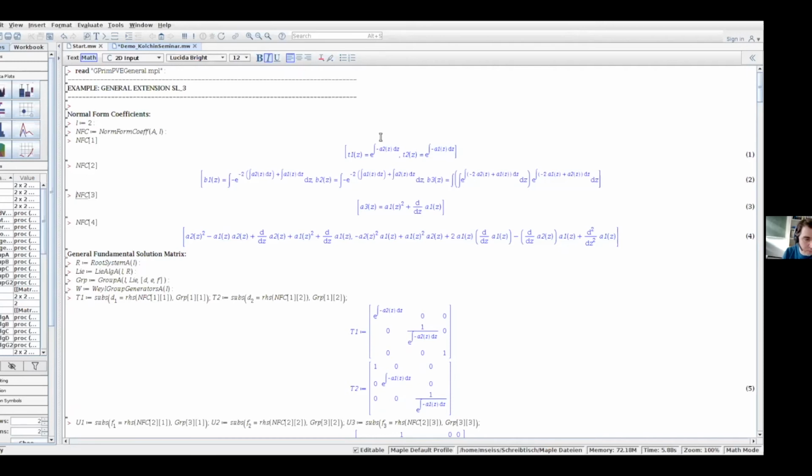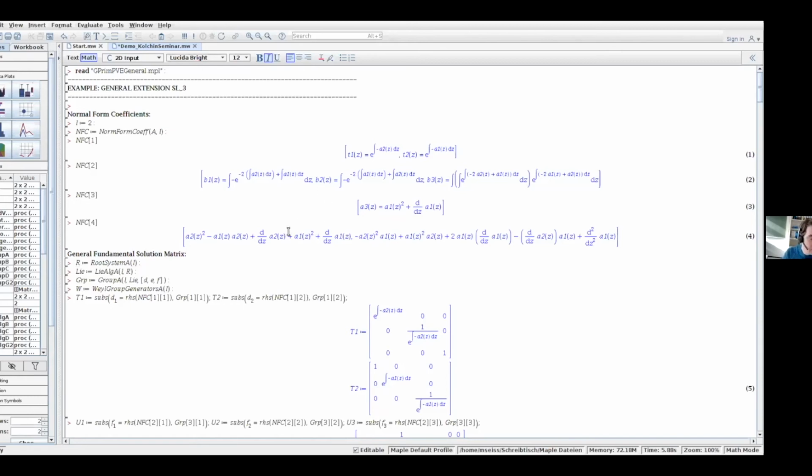And then here B1, B2, and B3, this is what I called v in the theorem. These are parameterizing the unipotent subgroup. And here, this is the differential polynomial for the second unipotent subgroup element. And these elements down here, these differential polynomials, are the coefficients of the normal form.